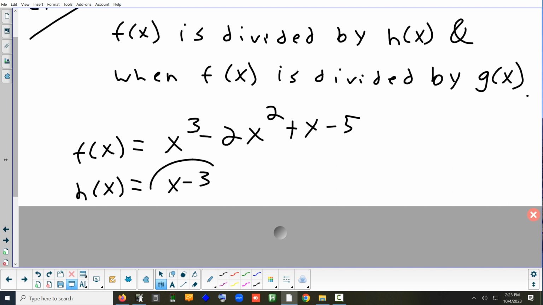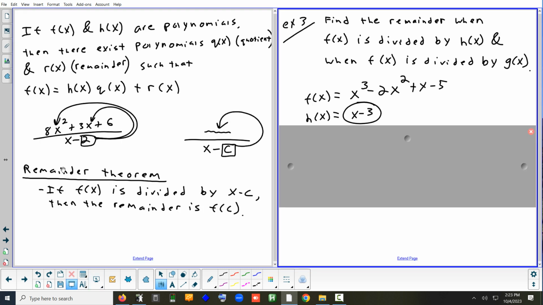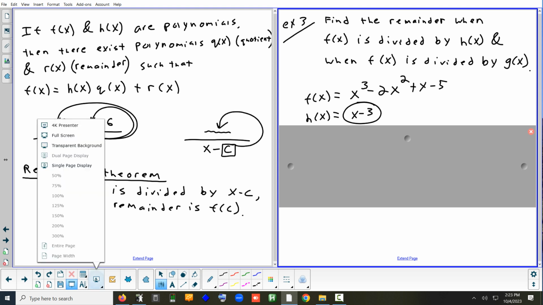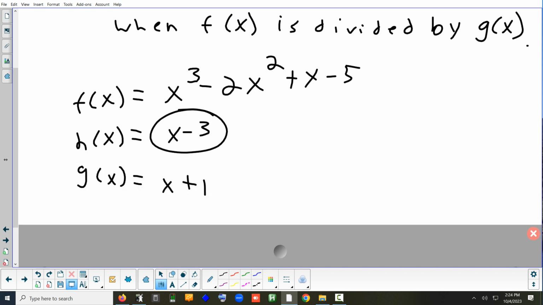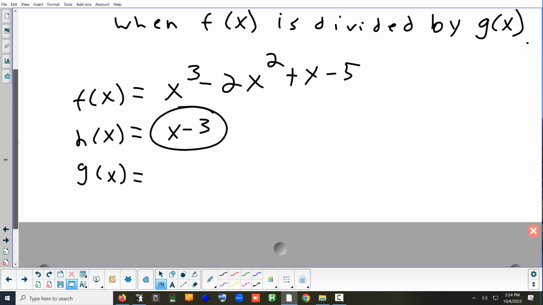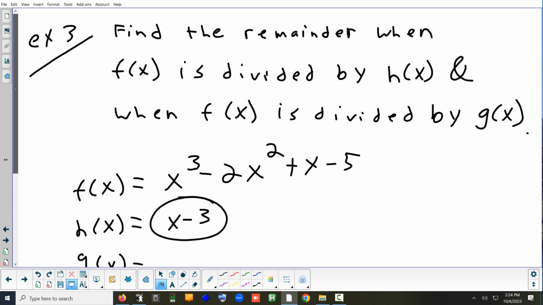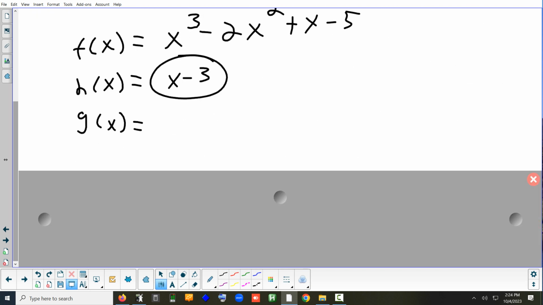First of all, is what's in the bottom the kind of thing that's supposed to be in the bottom to use the remainder theorem? Yes, it is. It's supposed to be x minus a number. So let's start by figuring out the remainder when we do f of x divided by h of x.